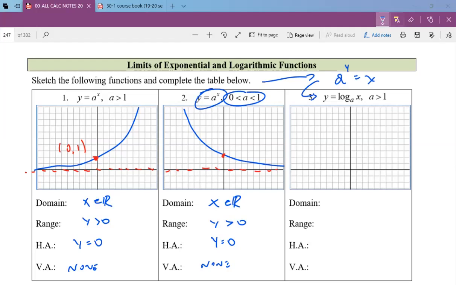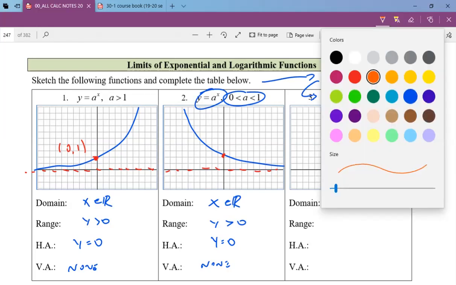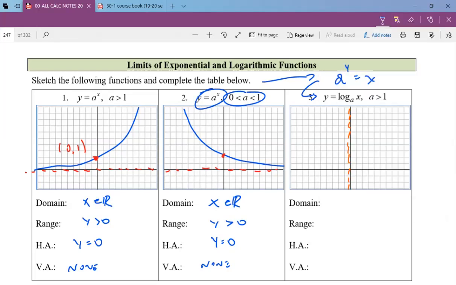And so because your x becomes your y and your y becomes your x, now we have a vertical asymptote. Now instead of going through 0, 1, this goes through 1, 0. You have a domain where x has got to be greater than 0, not even equal to, that's an asymptote there, so x has to be greater than 0. Our range is all real numbers.